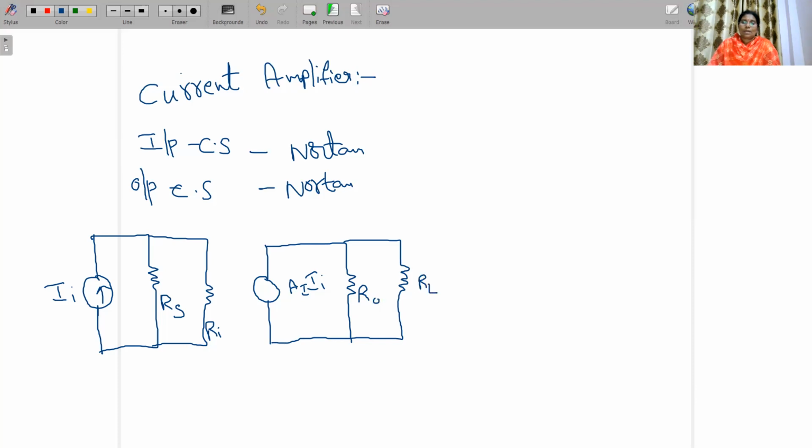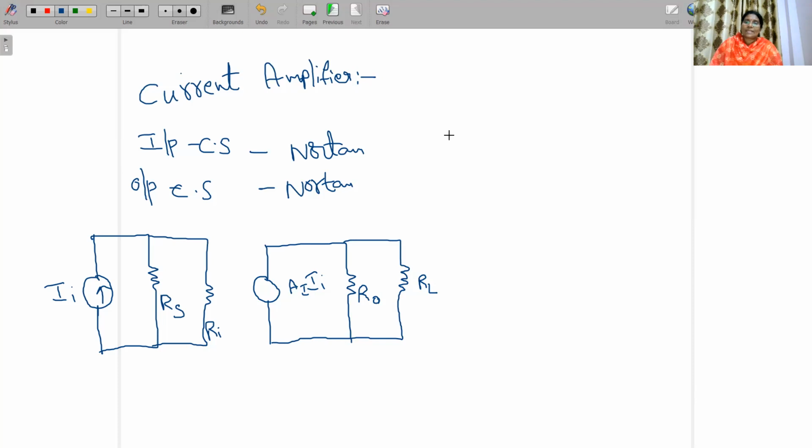What is RL? R naught is the output resistance. RL is the load resistance. Now tell me, what is IA? What is the current source? Here we have to take the two conditions.